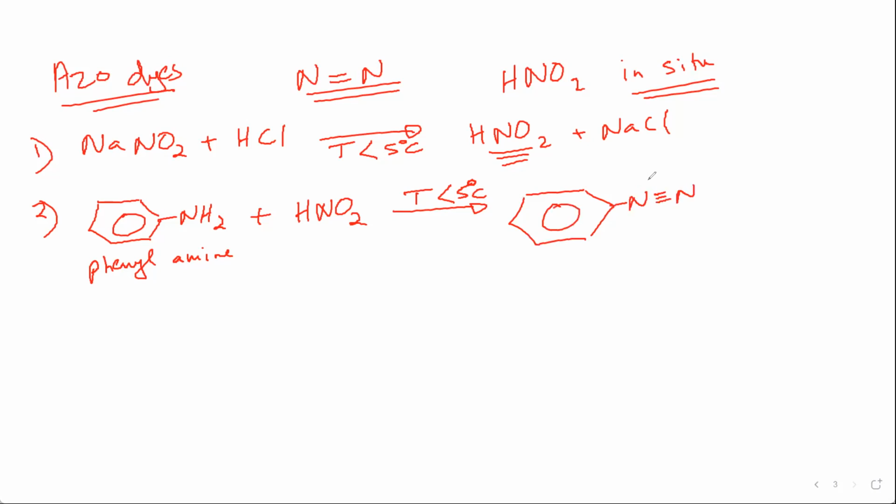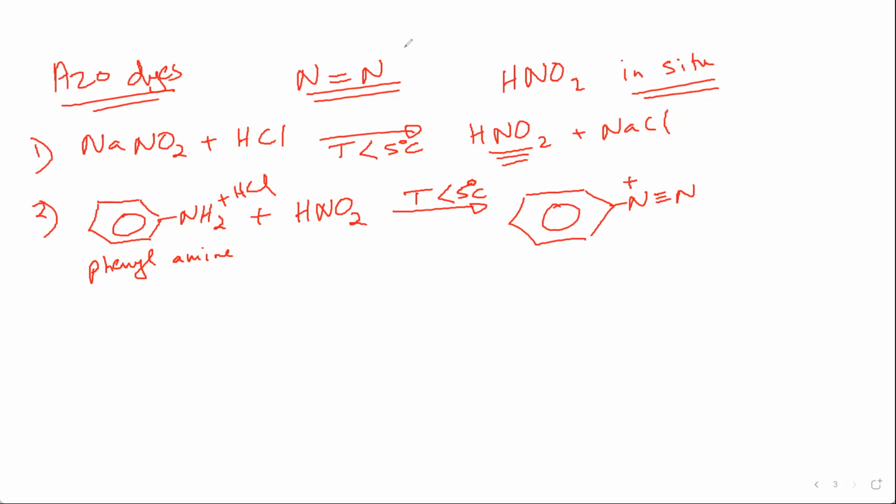You must take care that the benzene diazonium ion must have a positive charge on the nitrogen that is bonded to the phenyl ring, not the other nitrogen. Of course, here we also have to add HCl, because the phenylamine is insoluble in water.